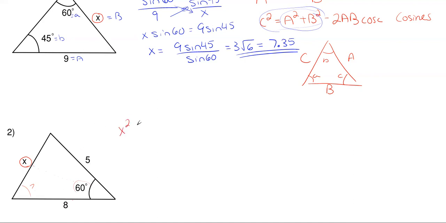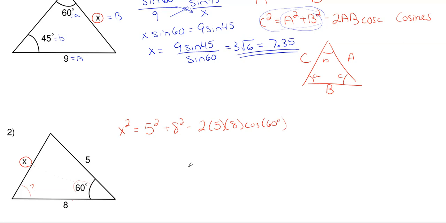We would have x squared, as my c, is equal to my a value, which we're just going to write as 5 squared, plus my b squared value, which we'll write as 8 squared, and then minus two times each other, so 2 times 5 times 8, times cosine of the little c angle, which is the angle that's opposite my unknown side, which would be 60 degrees.